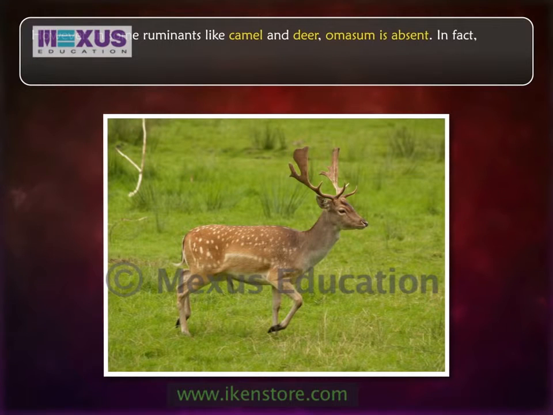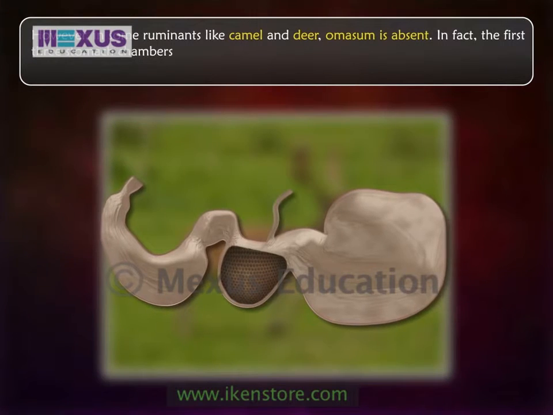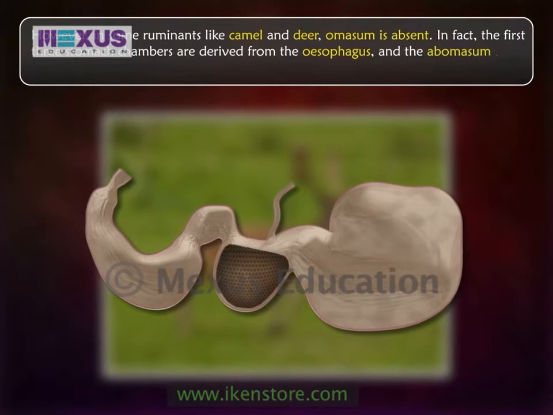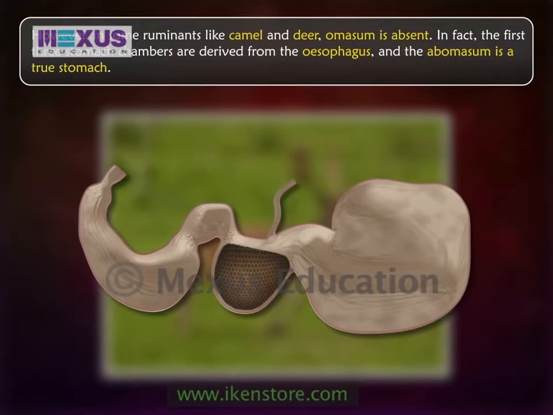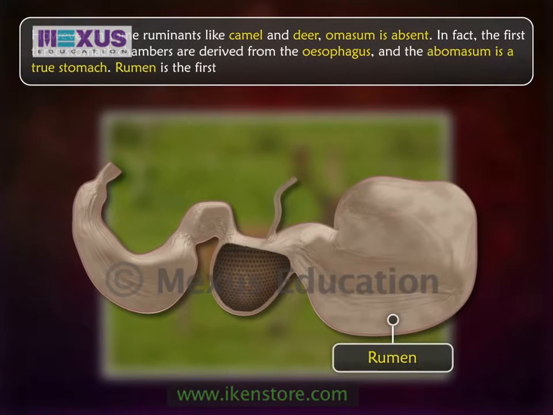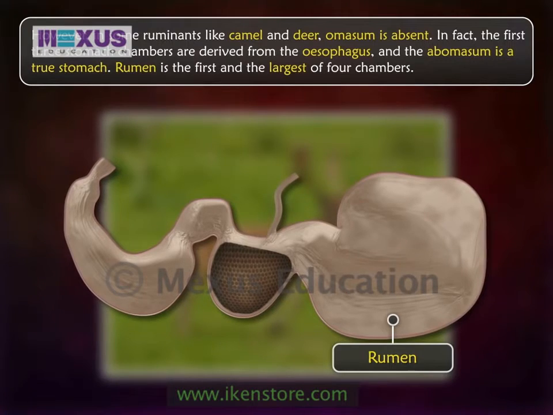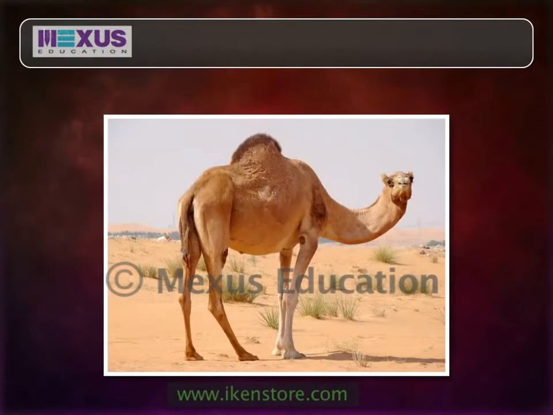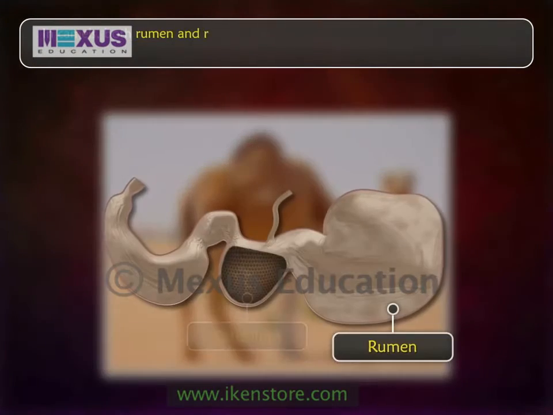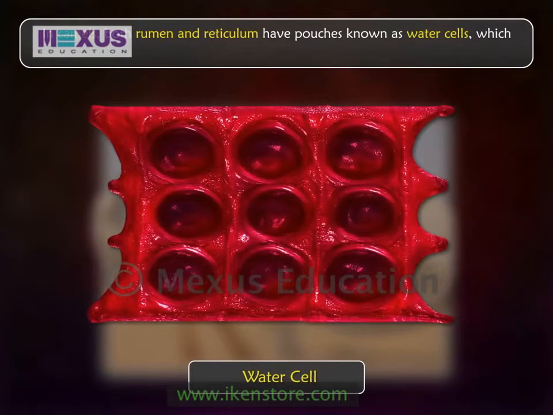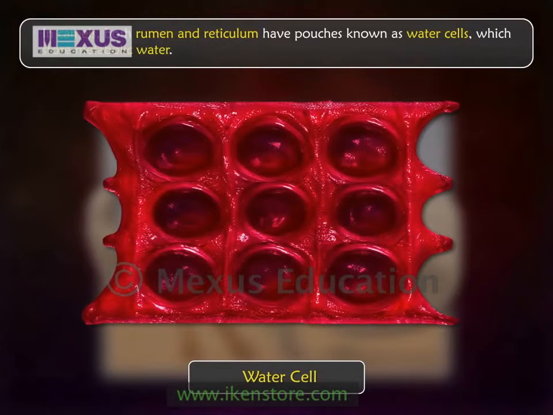In fact, the first 3 stomach chambers are derived from the esophagus, and the abomasum is a true stomach. Rumen is the first and the largest of 4 chambers. In camels, both rumen and reticulum have pouches known as water cells which store metabolic water.